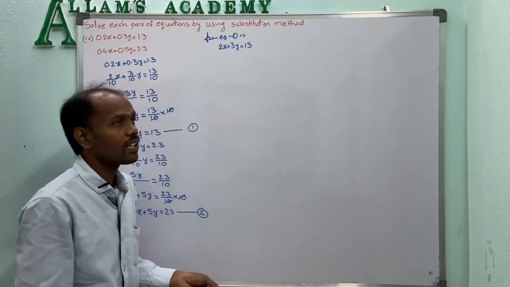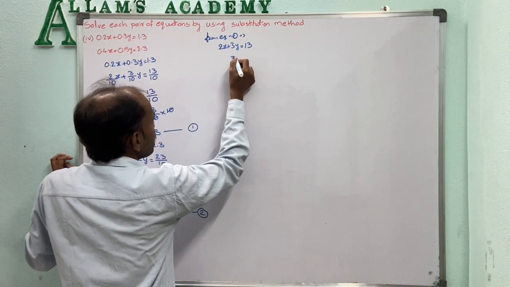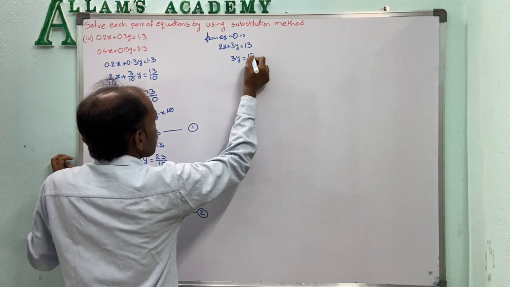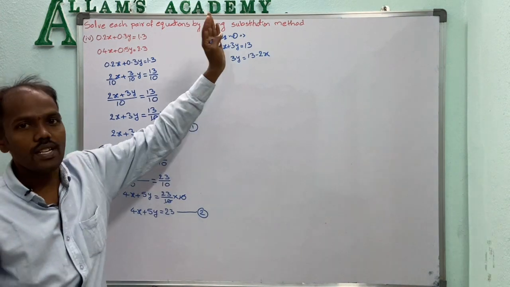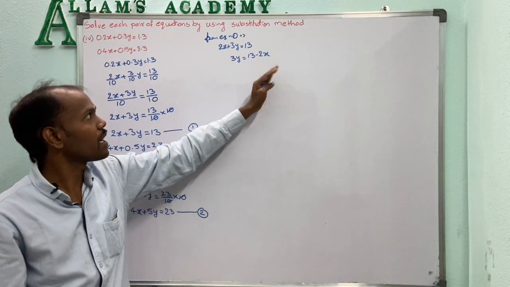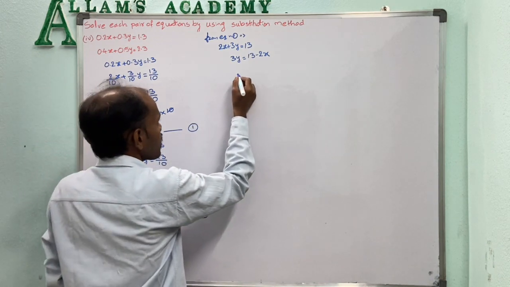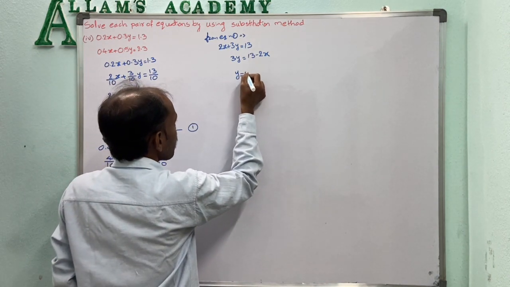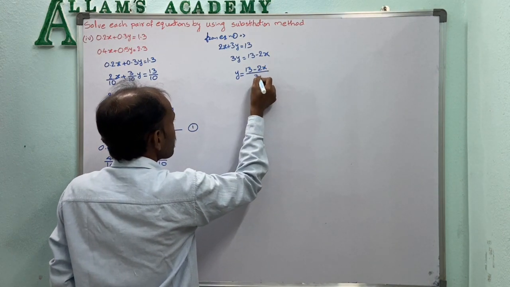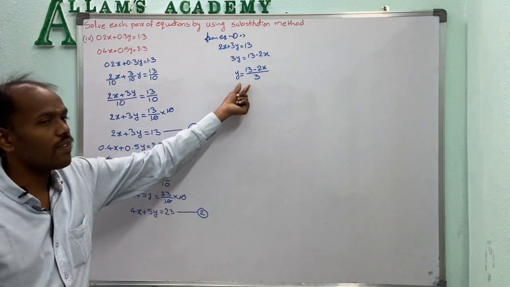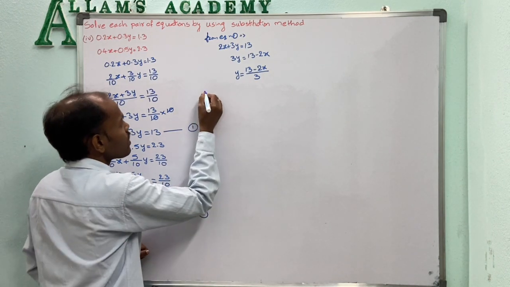If I am writing y equal to, now 3y equal to 13 minus 2x, plus 2x transfer to that side, that is minus 2x. Now multiplication 3 transferring that side, that is division. y equal to 13 minus 2x by 3.